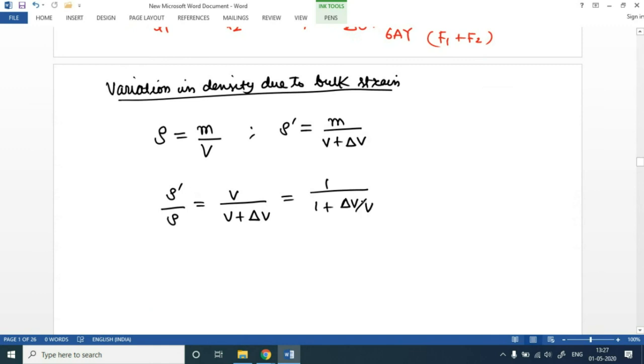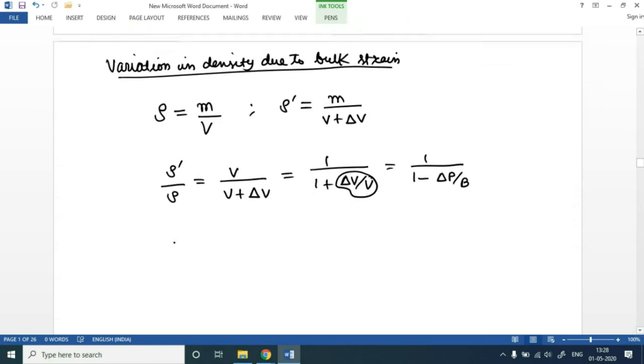Okay, and from the definition of bulk modulus you are aware about this quantity. This is simply going to be 1 upon 1 minus delta p by b. So what we have got here is rho dash is equal to rho upon 1 minus delta p by b over here.